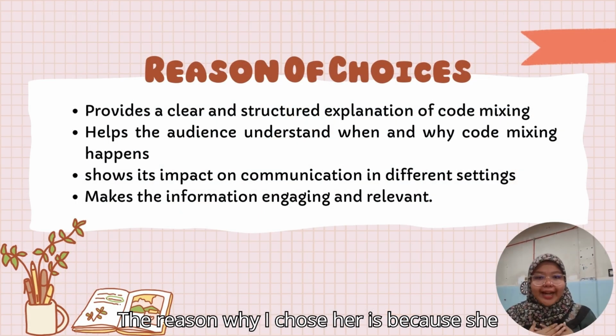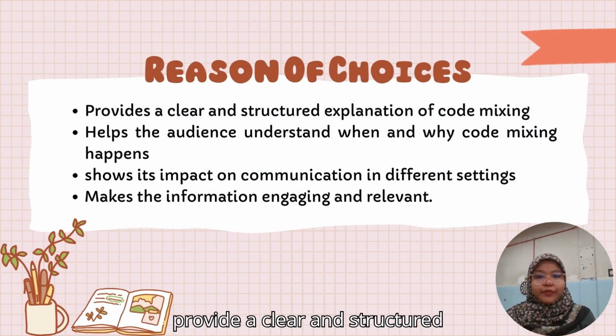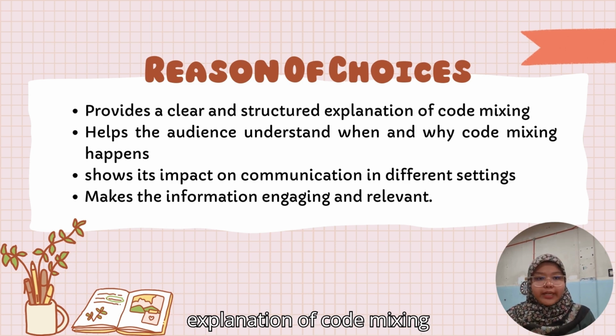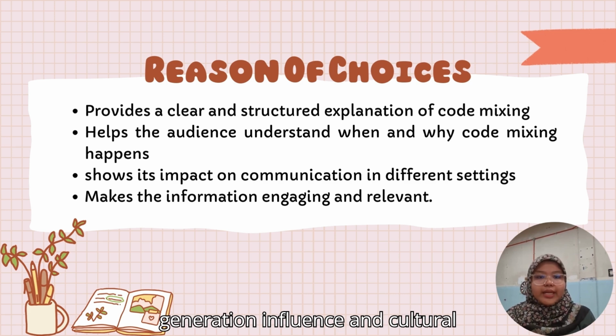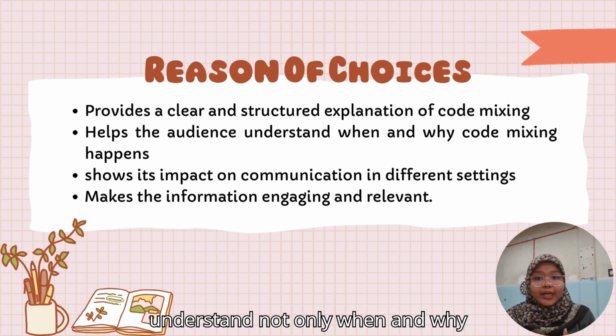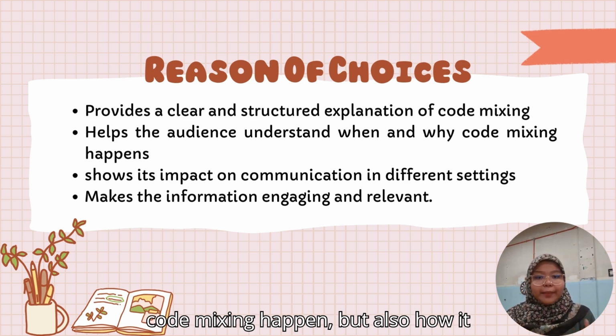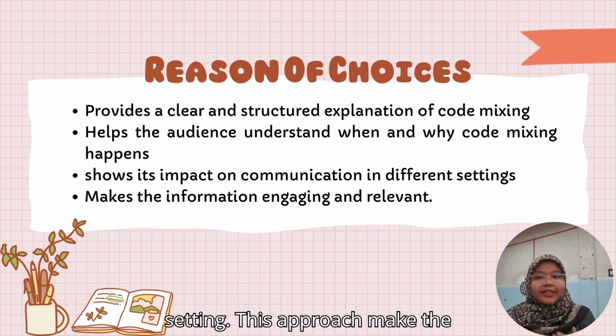The reason why I chose her is because she provides a clear and structured explanation of code mixing, covering its usage, social and generational influence, and cultural significance. Each point is carefully selected to ensure the audience understands not only when and why code mixing happens, but also how it affects communication in different settings.